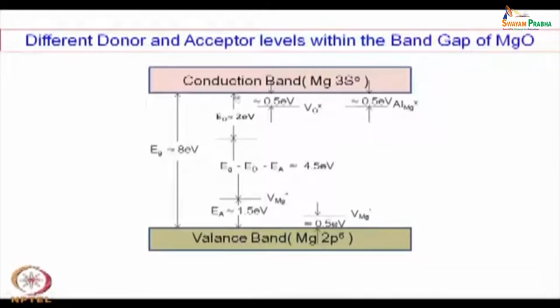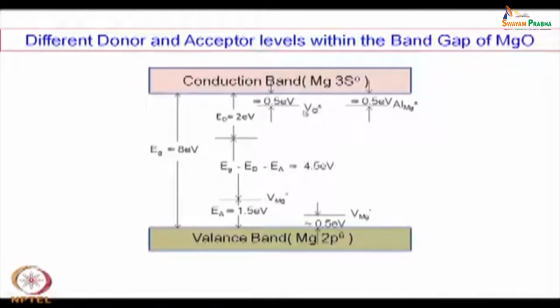Here it is the oxygen vacancy, that means intrinsic vacancy; this is the magnesium vacancy and this is the oxygen vacancy. Once again it is about 0.5 electron volt here, and this is doubly charged, sorry, it has not been mentioned here. This is the next ionization of this level.